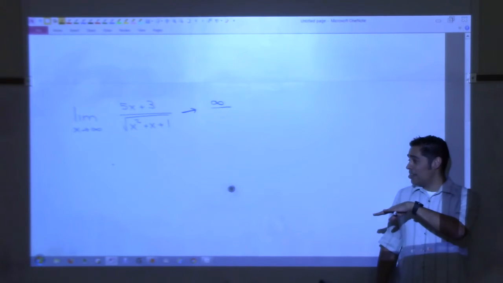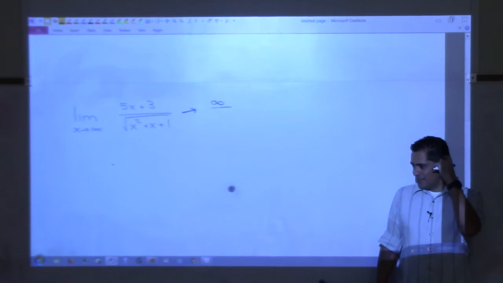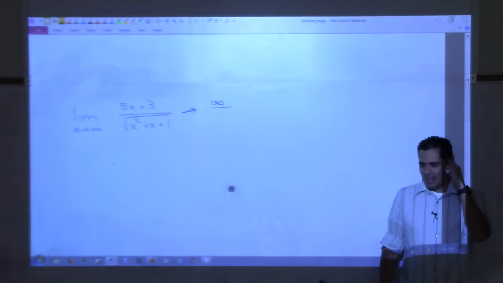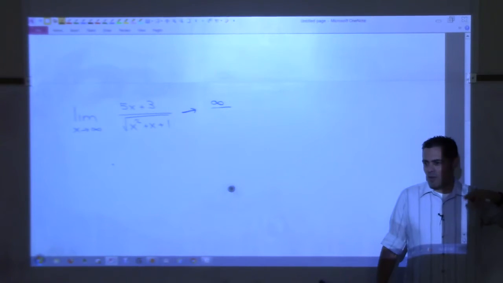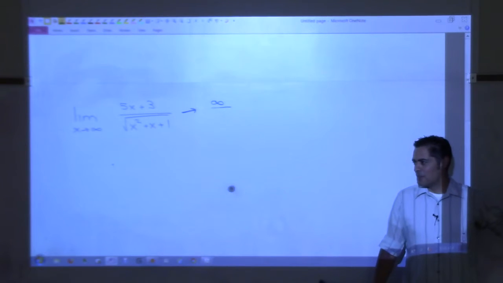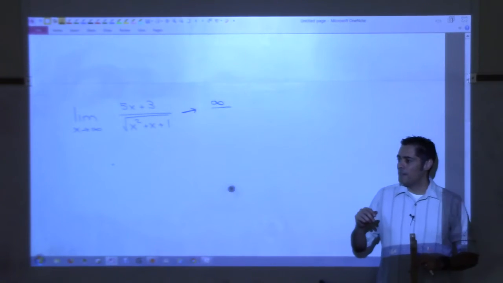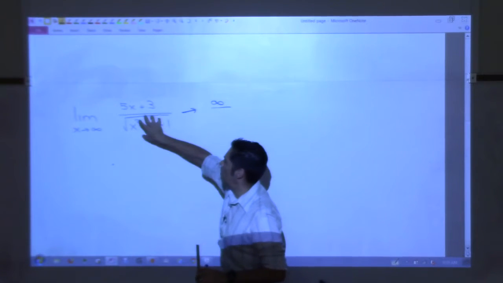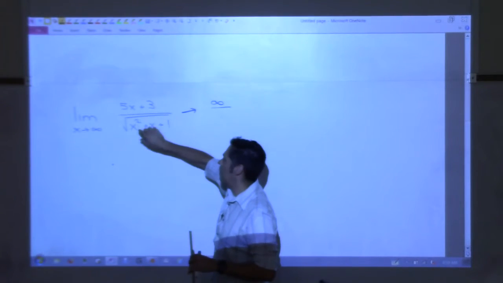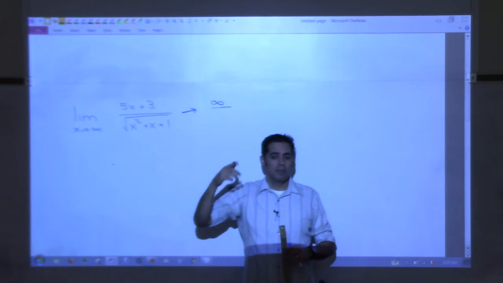It's not as big as the infinity was, right? But, I mean, it's still going to get big, right? It's just smaller than if it wasn't there. When I say smaller, I mean it's getting bigger but not as fast. With the square root here, the bottom is still getting huge, but just not as fast as if the root wasn't there.